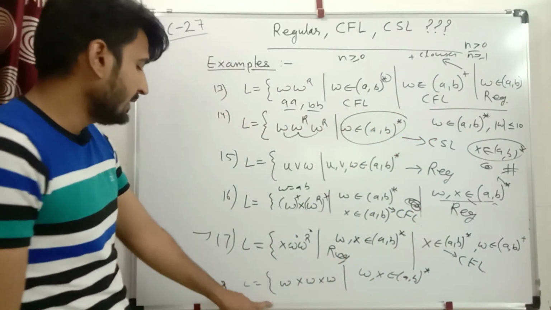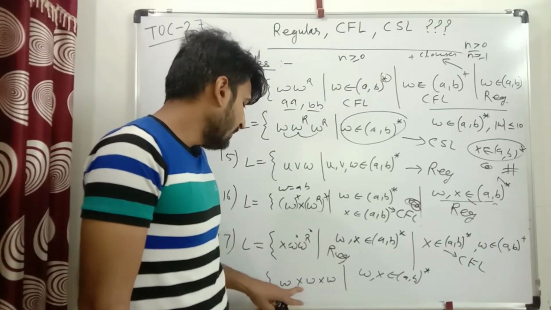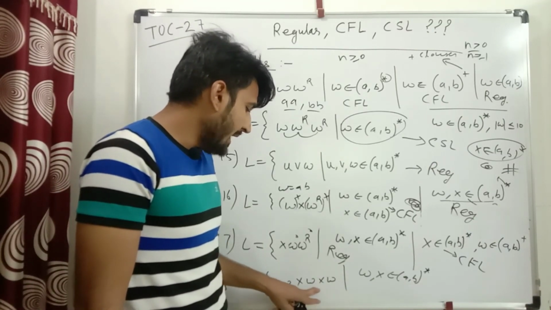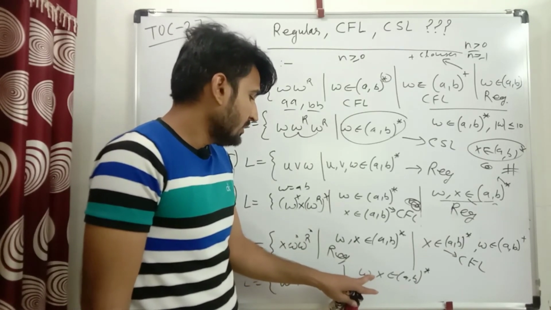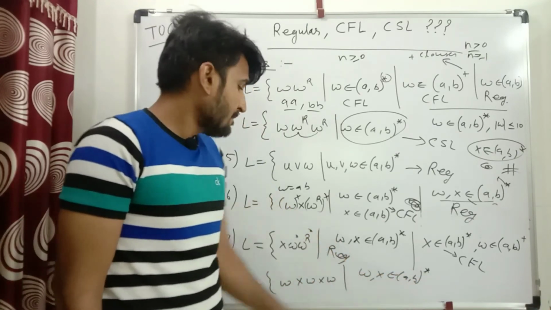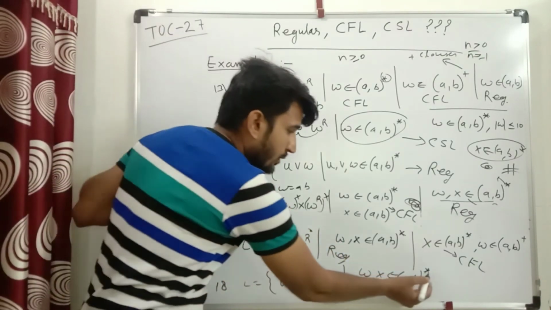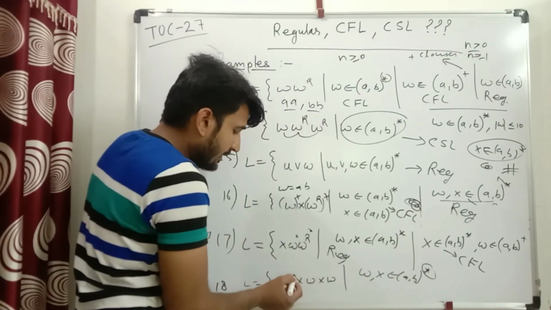Okay. Now take this. W X W, where W, X belong to {a, b} whole star.